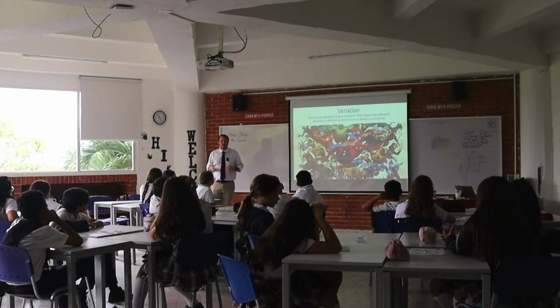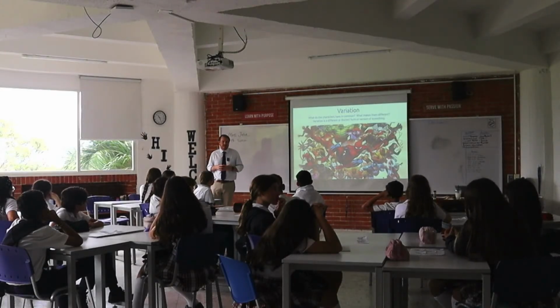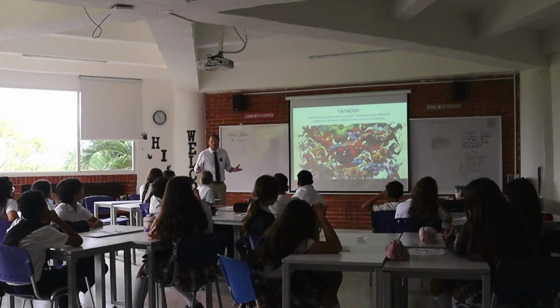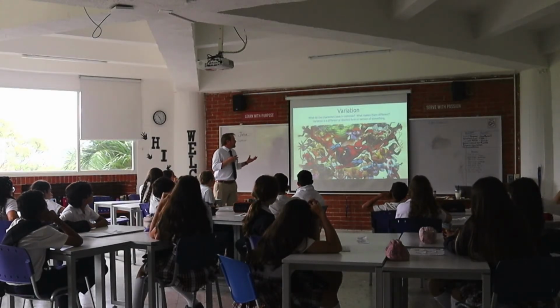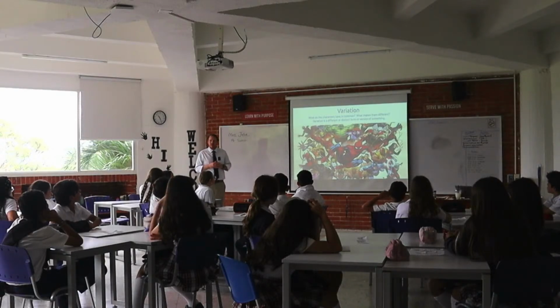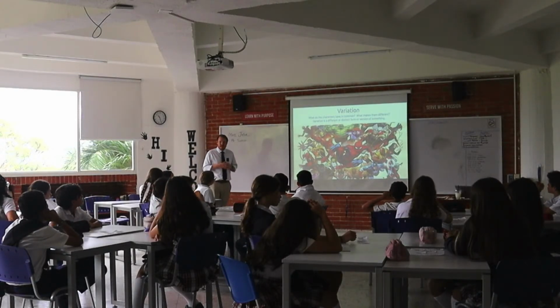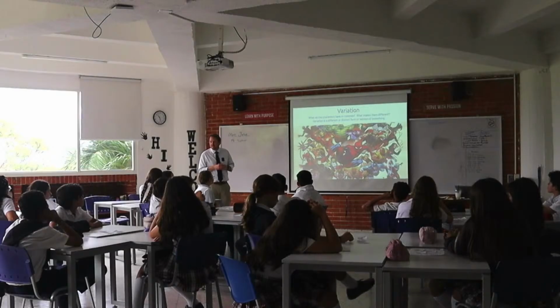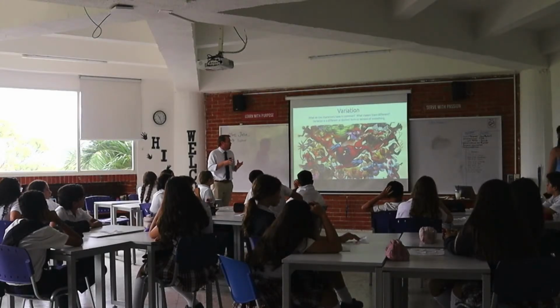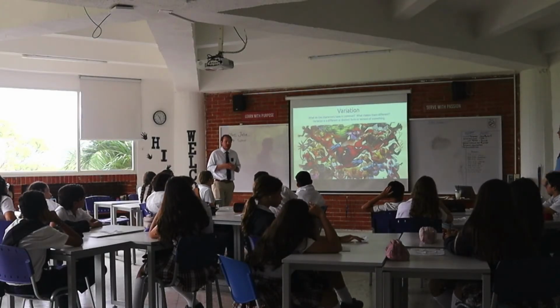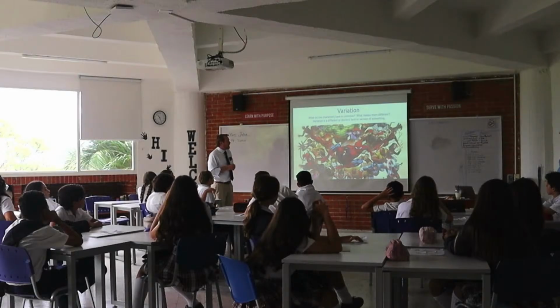I'm sure you're very familiar with some of these characters. You've seen them before, you've watched the movies, you know about them. And just think about the variation that you see within them. How does variation play out within these different characters? Have a think about that. Look at the different characters, the ones that you know, the ones that you know what their different abilities and traits are, and think about that.